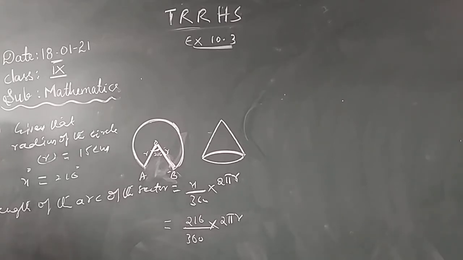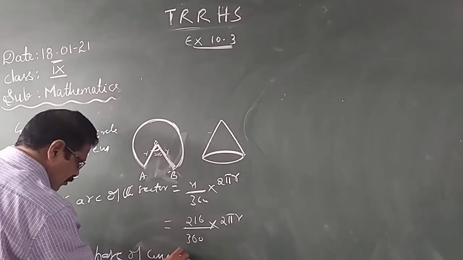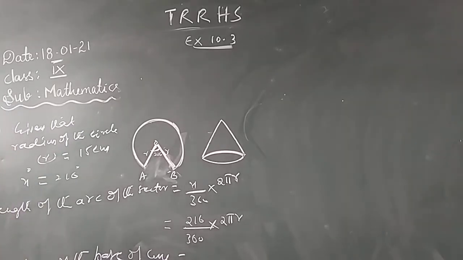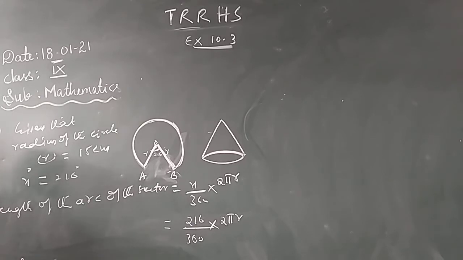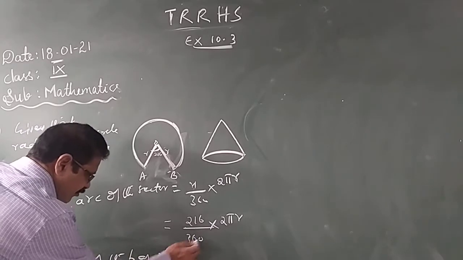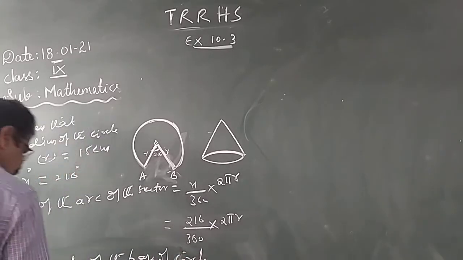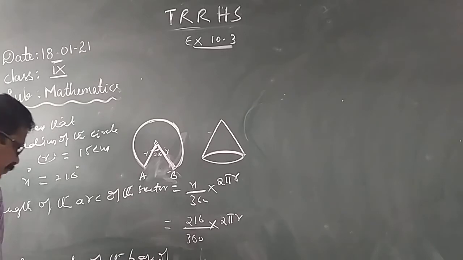So, area of the base of cone. The length of the arc of the sector is equal to the perimeter of the base of the cone.